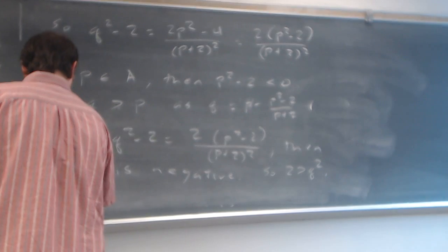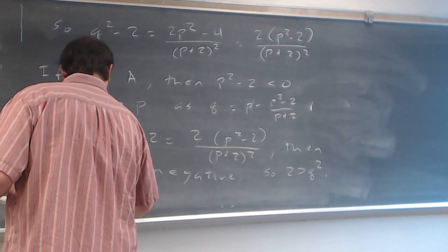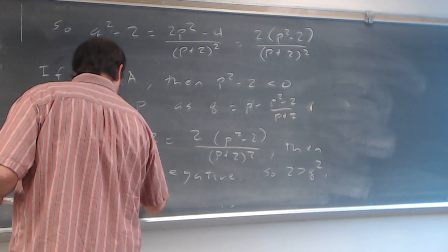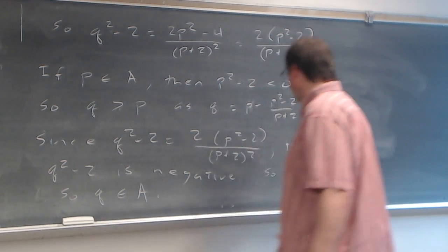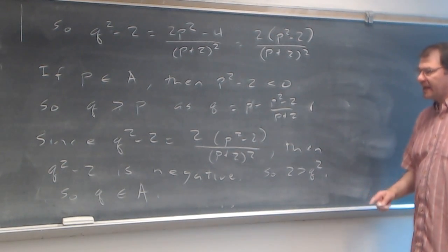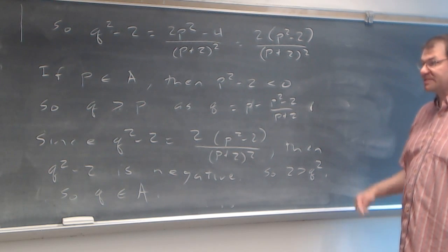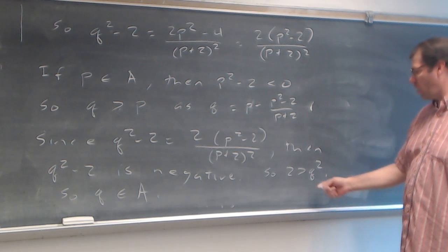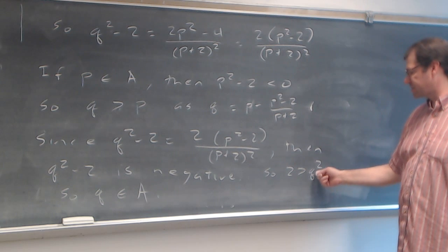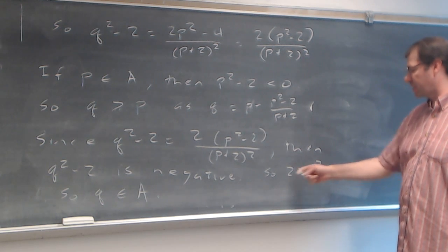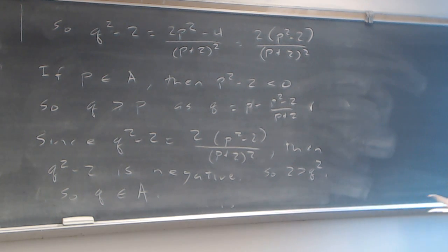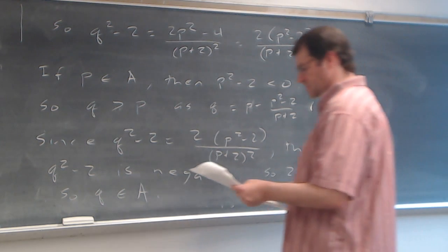So q is an element of A. Okay, again, what does it mean to be in A? To be in A, you've got to be a rational number, which q is. You've got to be positive, which we said q was. And then also you've got to be such that your square is less than 2. So that means q had to be in A. Okay, so here's what we've shown.